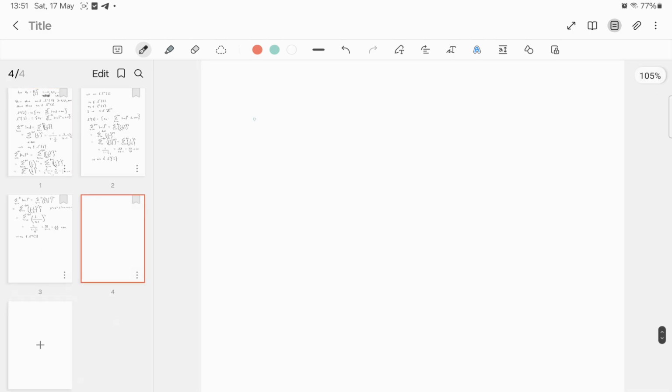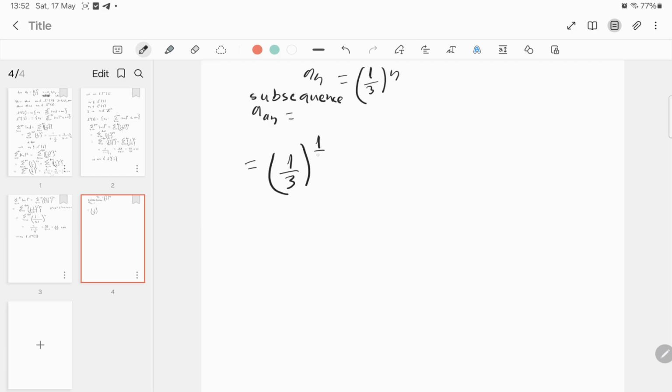Now, if you take a_n and you take a subsequence, so a_n is a third to the power of n. Instead of n, I put a third to the power of n.